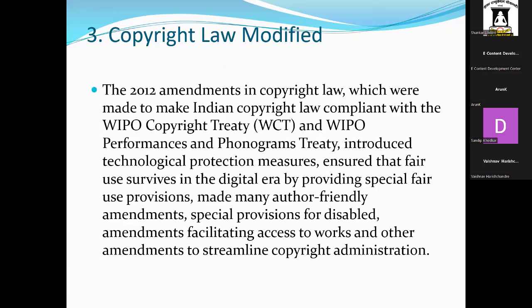Now, copyright law is also amended. The 2012 amendments in copyright law were made to make Indian copyright law compliant with the WIPO Copyright Treaty, with technological protection measures ensuring that fair use survives in the digital era by providing special fair use provisions for the disabled.